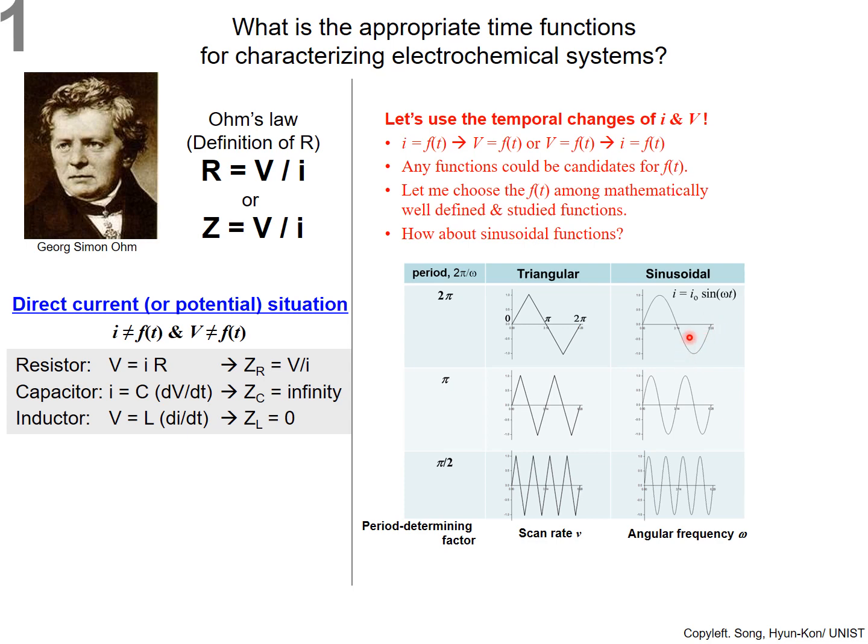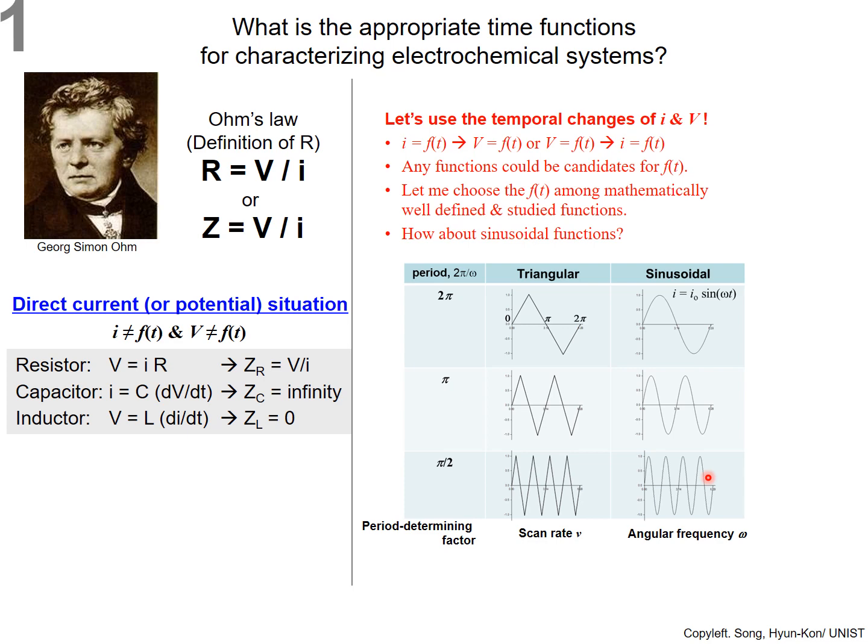And then if you increase the frequency or decrease the period, then you could have 2 cycles in the same time period, and then 4 cycles in the same time period. So angular frequency omega could determine the period of those sinusoidal functions.